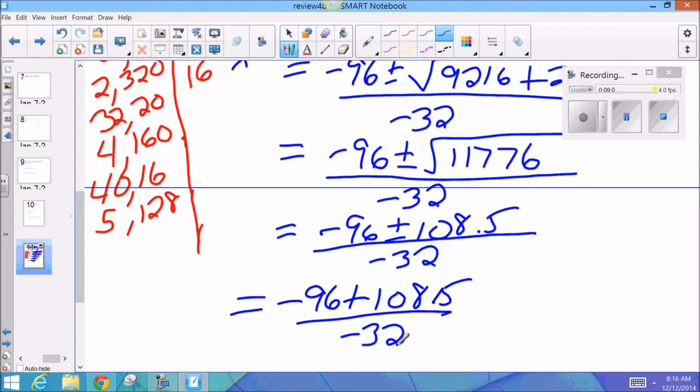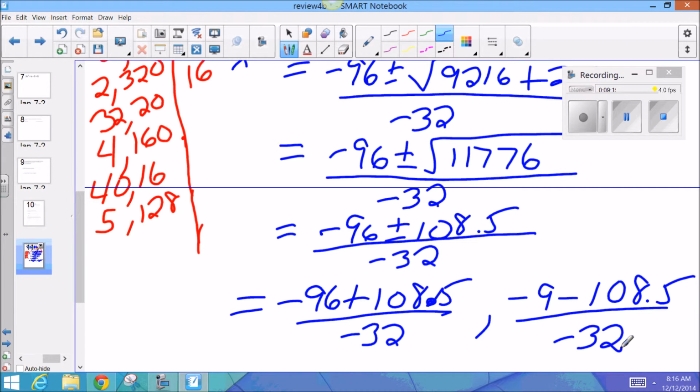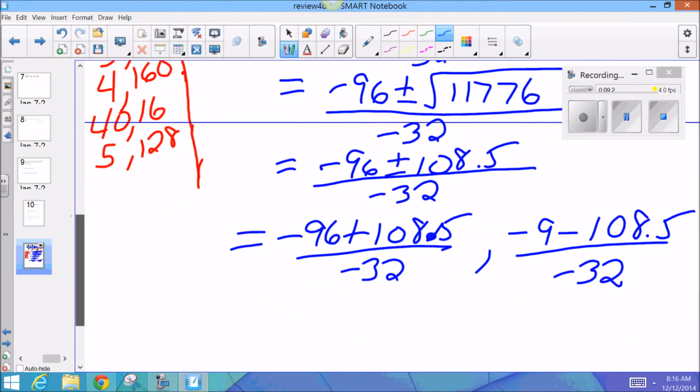So one of them is I'm adding 108.5, and the other one, I'm going to subtract 108.5. And by the way, let me just talk about why I'm using a decimal here, where I would usually make you put it in simplest radical form. The answer to that is just because this is a real-life problem.